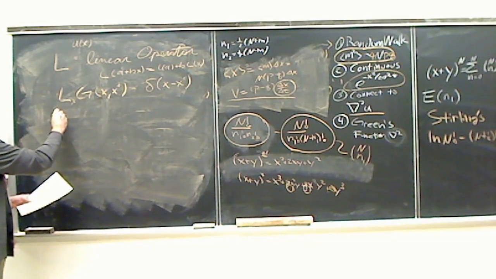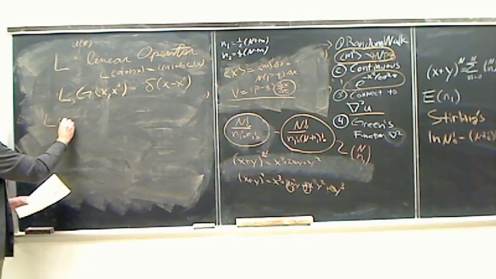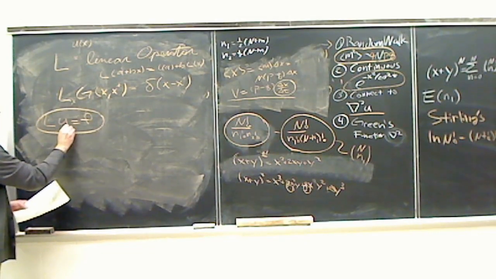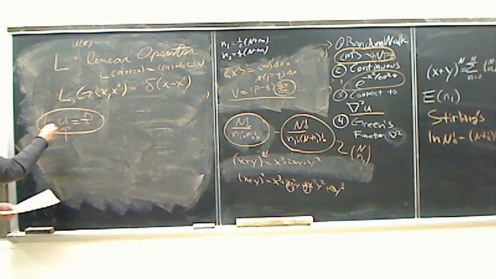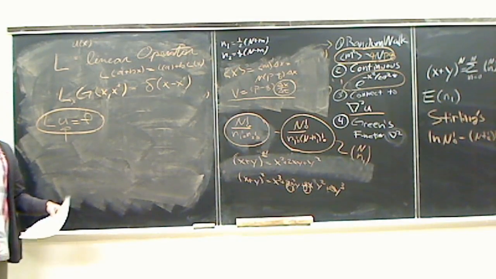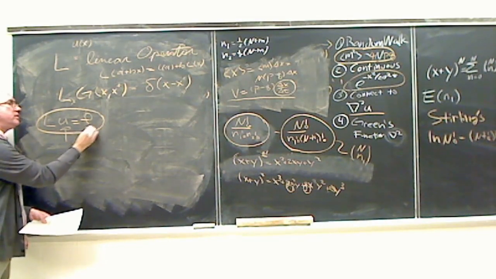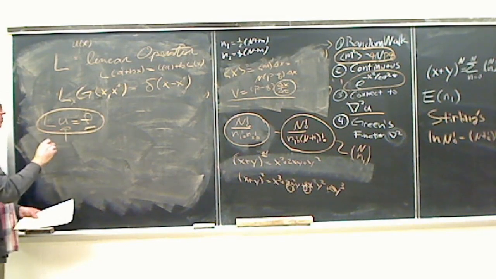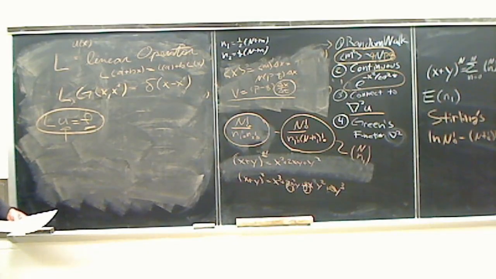This is useful. So what I want to find is L of u equals f, and I want to find u. I have some operator acting on some function, and I have the result. I need to solve for u by inverting this linear operator.